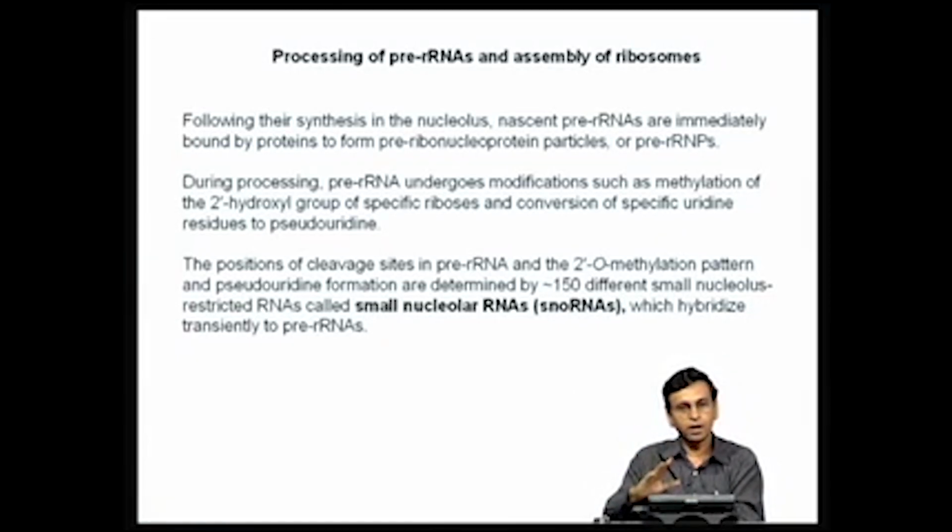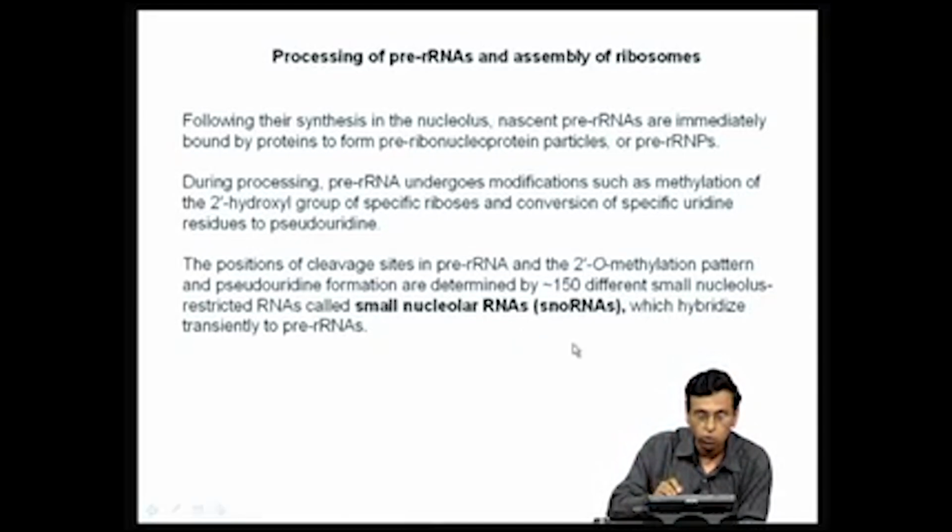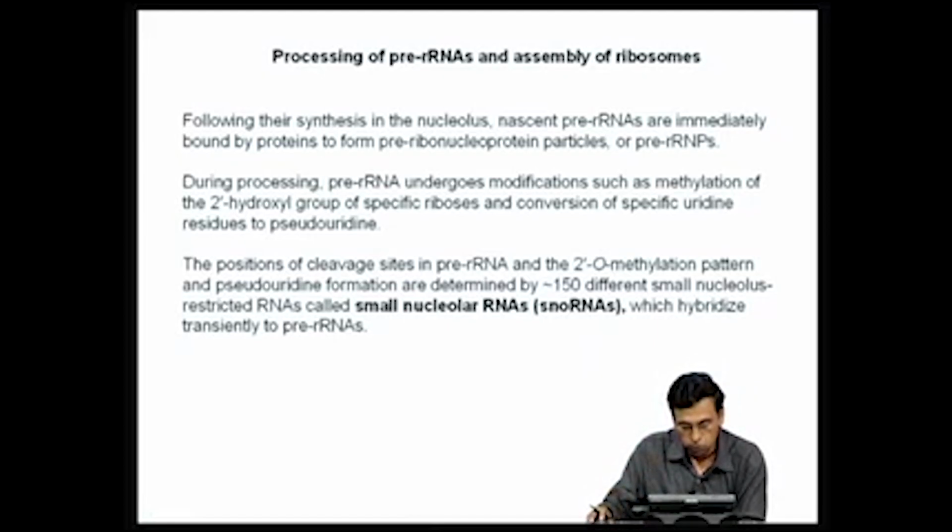Just remember, pre-rRNA processing involves base modifications such as conversion of uridine to pseudouridine as well as modification of the ribose sugars. Also, it involves specific cleavage of the 48S rRNA precursor so that you get 28S, 18S and 5.8S RNA, and these entire reactions are catalyzed by specific RNA molecules known as small nucleolar RNAs, which are present uniquely inside the nucleolus and are uniquely involved in the processing of pre-ribosomal RNA molecules.